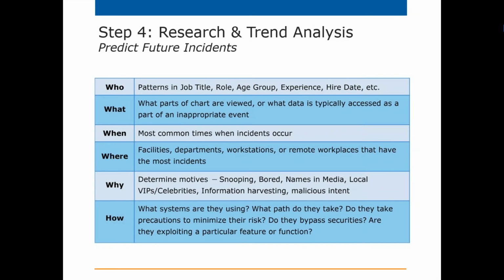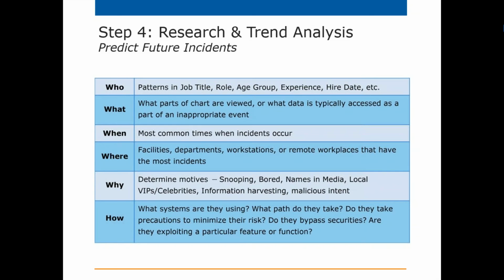There are things like leaking information to the news or local media on local celebrities and VIPs. Maybe if you have a politician, a professional athlete on your local college football team who got injured in a major televised sportscast, the media wants to know what happened, so individuals might take that information to sell it to the media. These things actually do happen. So understanding the motives behind the inappropriate actions that occur can be very helpful.